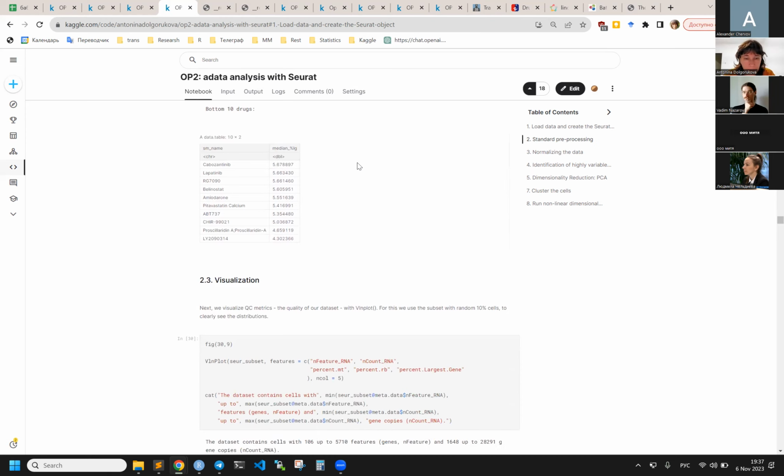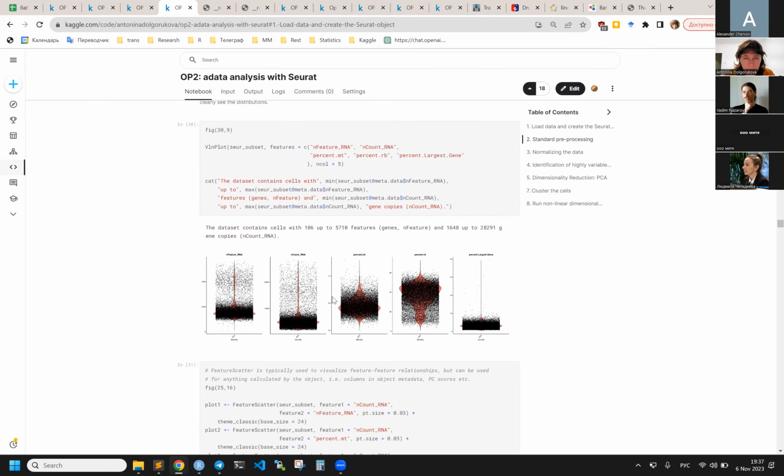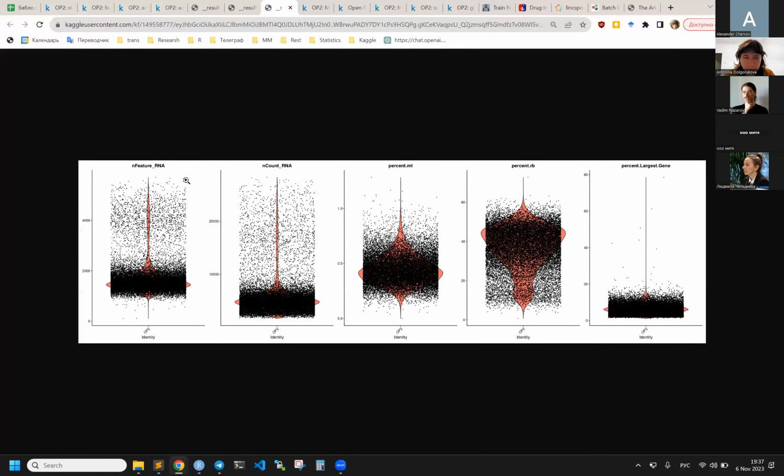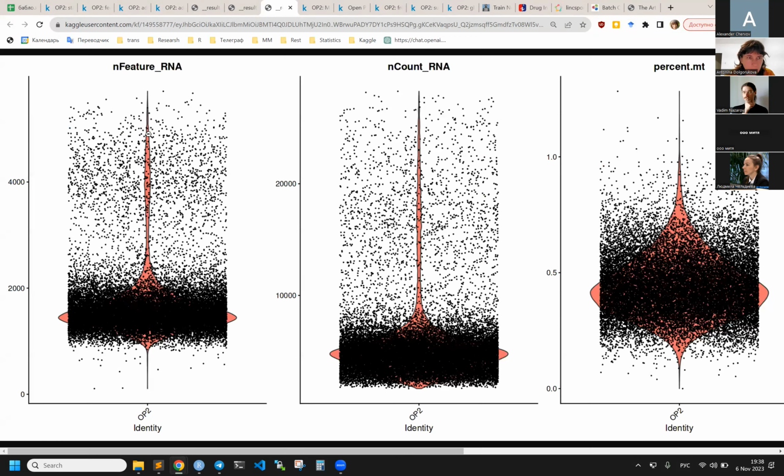Okay, so now we can just look at the pictures of what we have here in the data, and there are a number of features, which I can enlarge a bit. Number of features is the number of genes in each cell. So each dot is a cell.